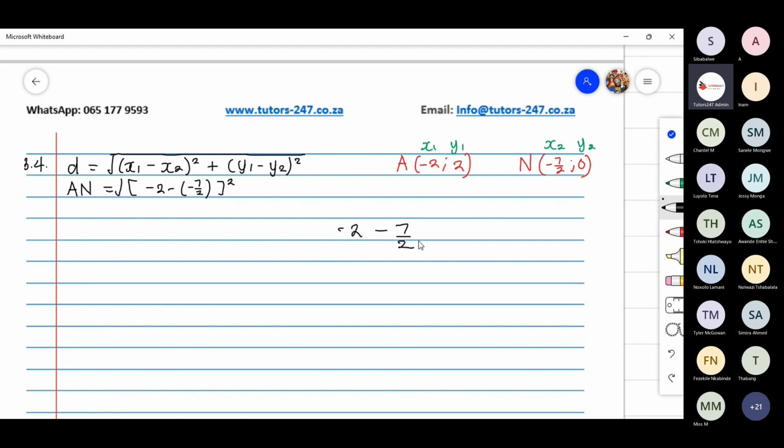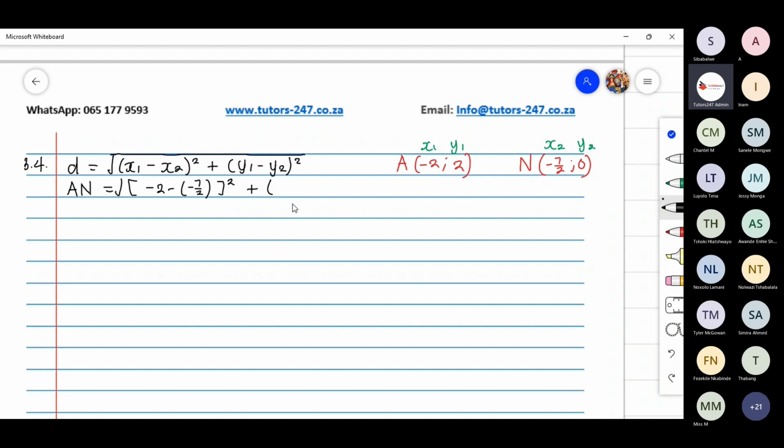That is wrong, and that will give you an incorrect final answer. Always bring down the negative from the formula, then open a bracket and put the value that has a negative sign. Do not leave out one of the negative signs because the formula has a negative sign, okay?